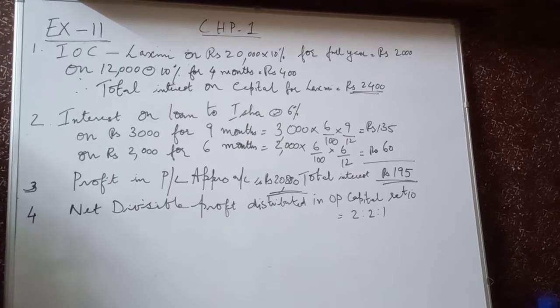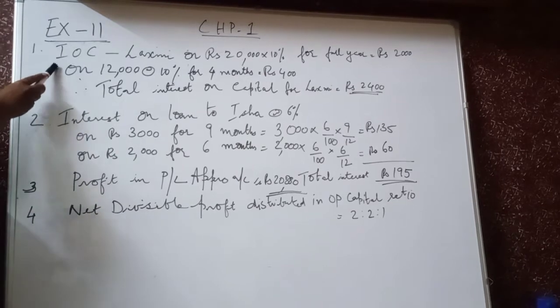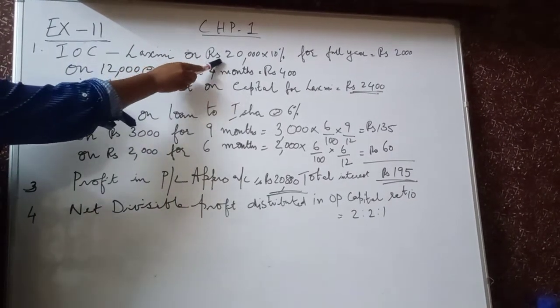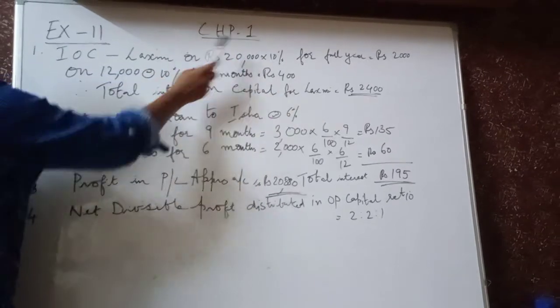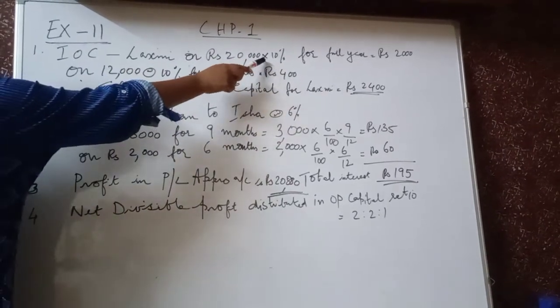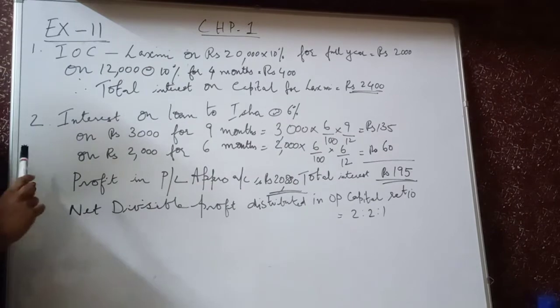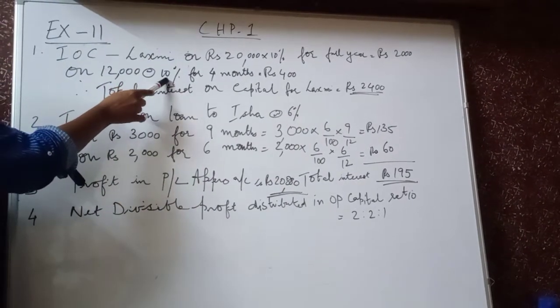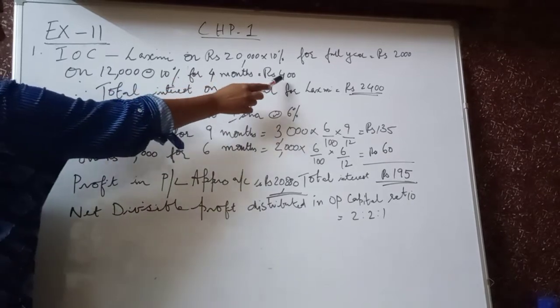So now let us see the calculation for interest on capital for Lakshmi. Lakshmi on rupees 20,000, interest on capital is 10% for the whole year, comes to rupees 2,000. On 12,000 at the rate of 10% for 4 months comes to 400.